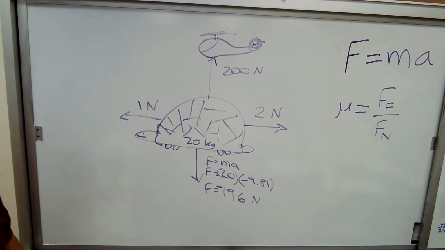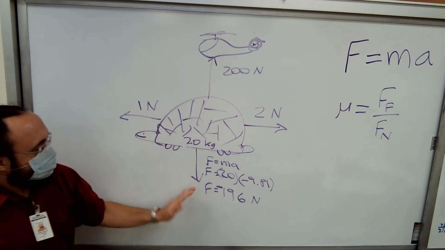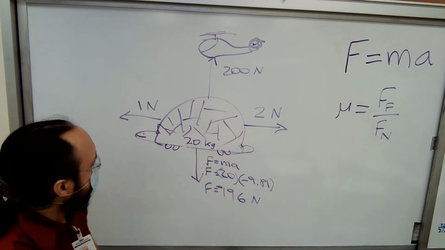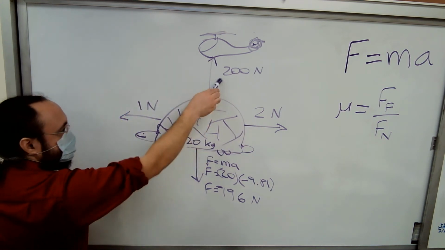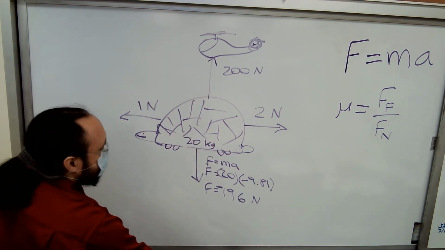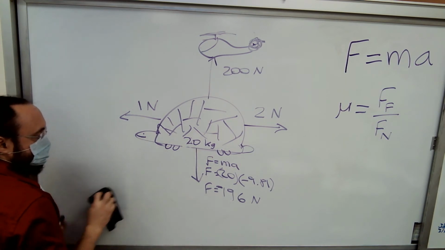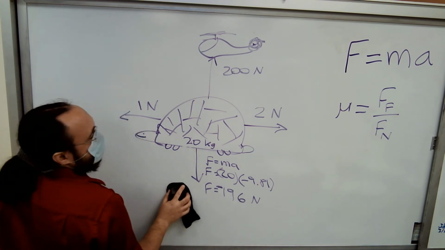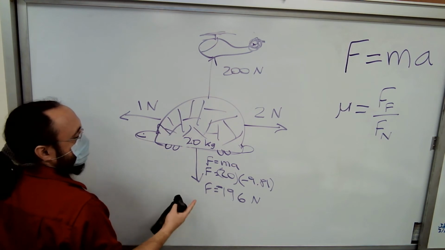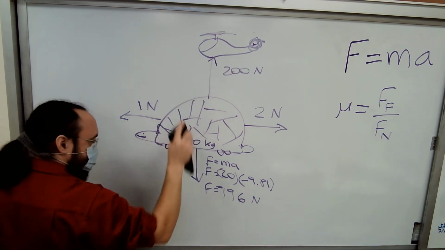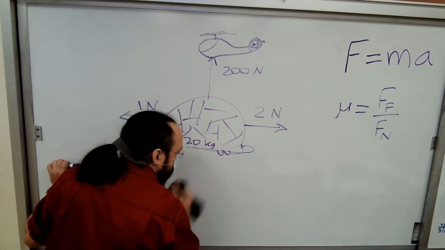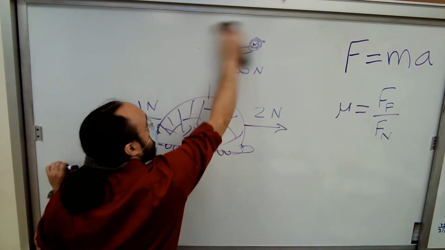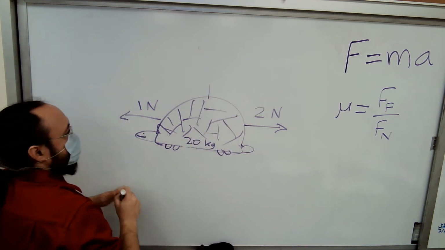To get the net forces, it helps to break it up into vertical and horizontal. Vertically, we got 200 and 196. 200 minus 196 is 4, and 200 is a bigger force, so our net force will be 4 up. As though we redrew this with 4 up.